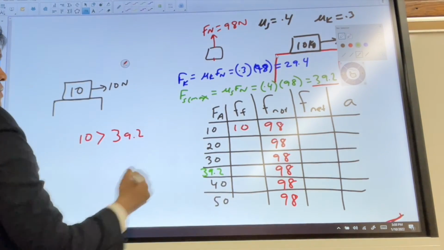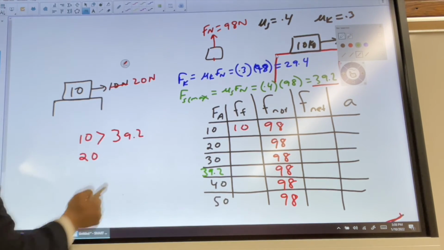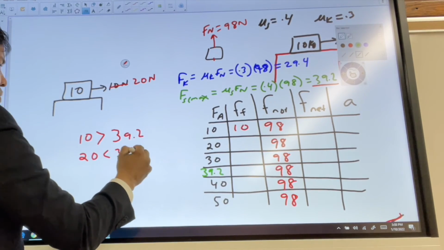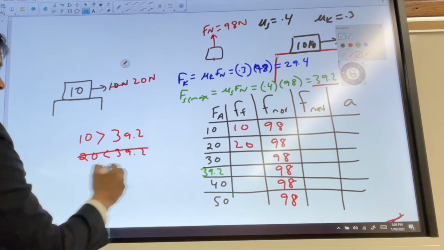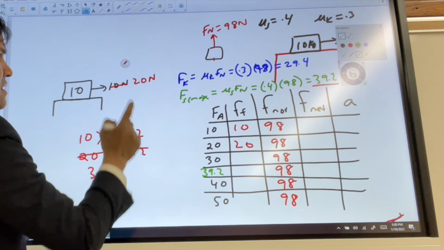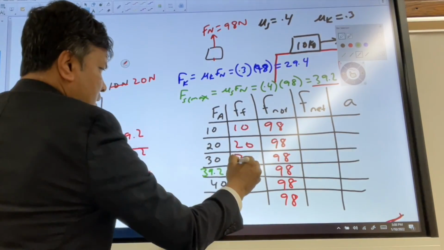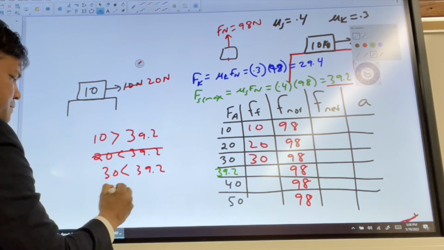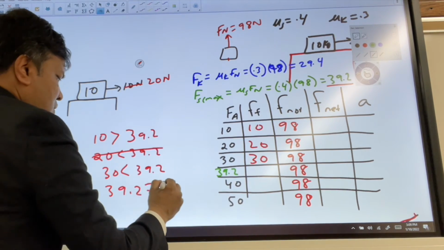When you use 20 newton applied force, 20 is less than 39.2, so the friction is 20. When you apply 30, 30 is still less than 39.2, so 30. Now 39.2 is not less than 39.2, it is equal to 39.2.